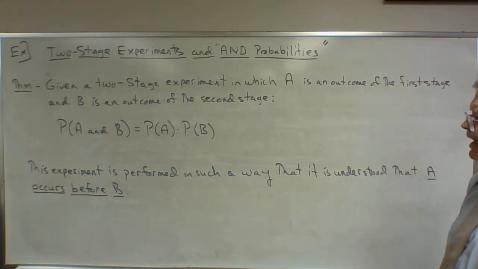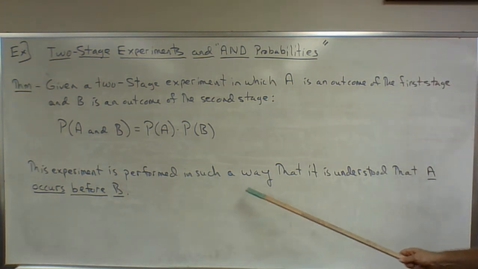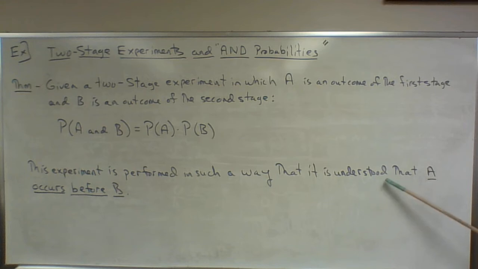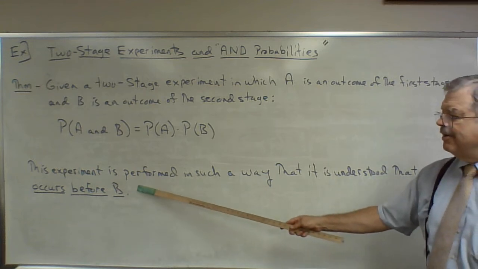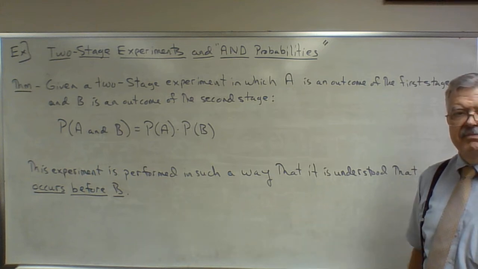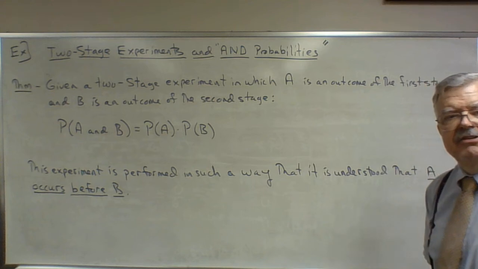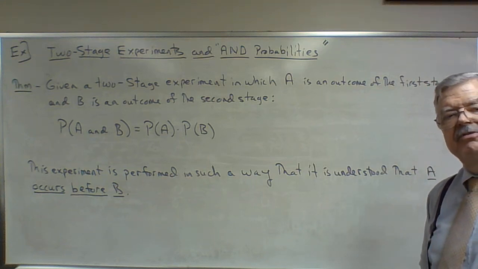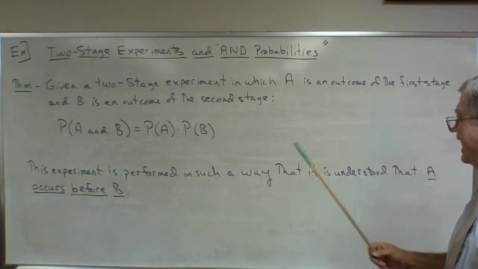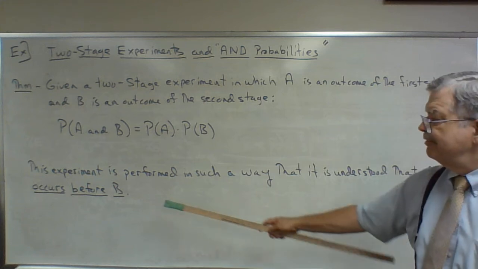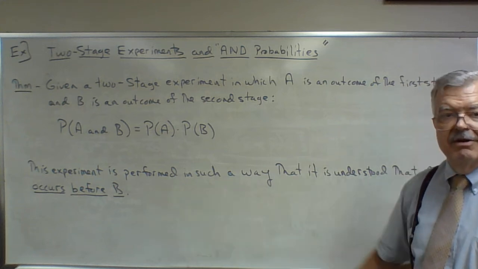And our authors tell us this experiment is performed in such a way that it is understood that A occurs before B. We can say that it's the context of the experiment that A occurs before B occurs.